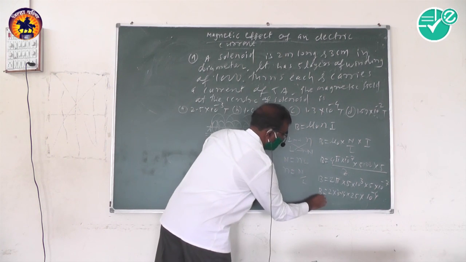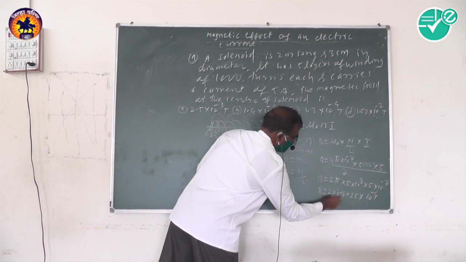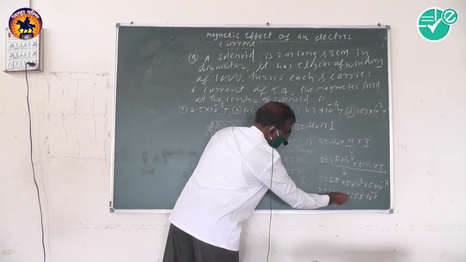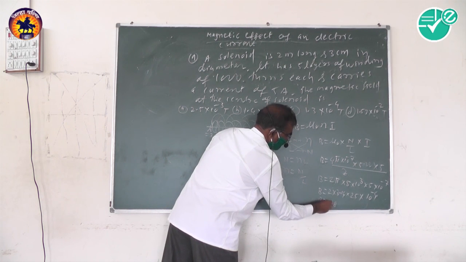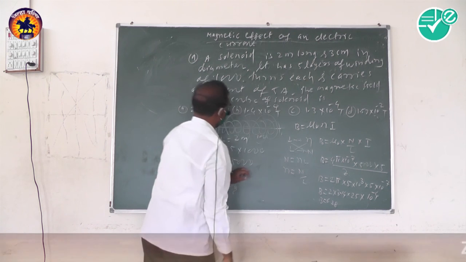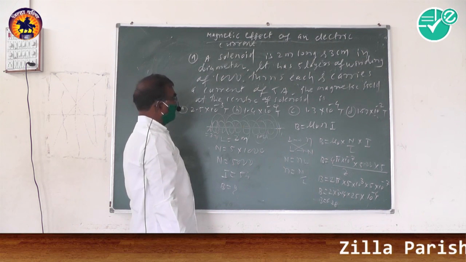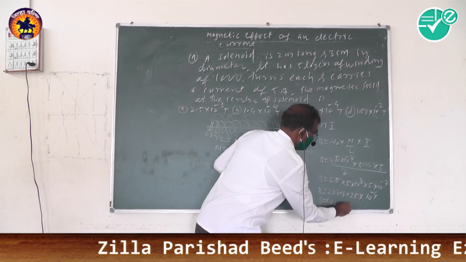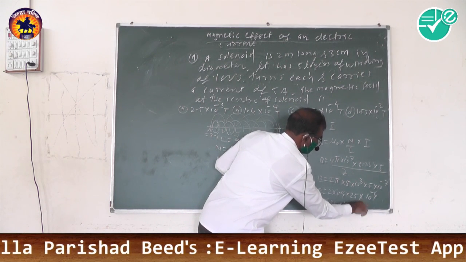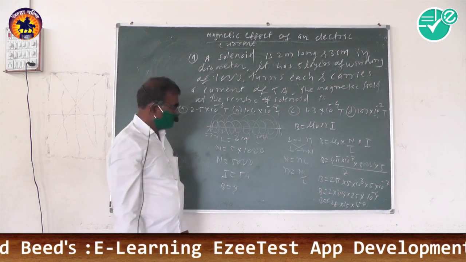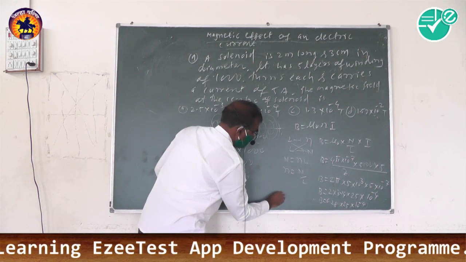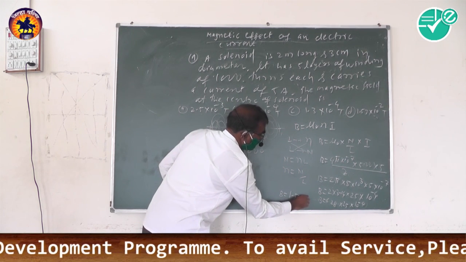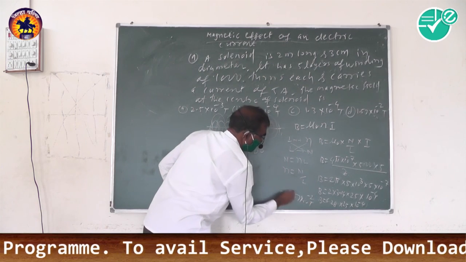That is B equal to 6.28 into 25 into 10 raised to minus 4. After the calculation, that is 1.57 into 10 raised to minus 2 Tesla, that is the answer.